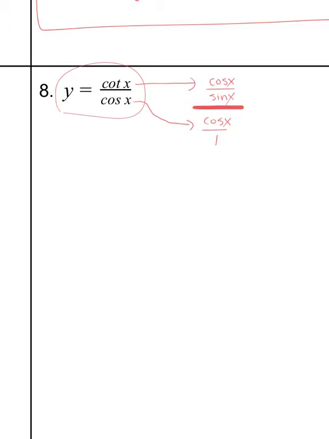Okay, so now we are going to multiply by the reciprocal. That's how you divide by a fraction. So we leave the first fraction alone, cosine of x over the sine of x. We change it to multiplication, and we flip that second fraction.